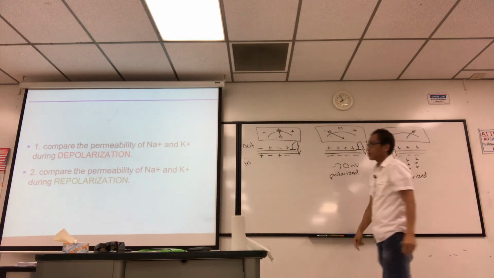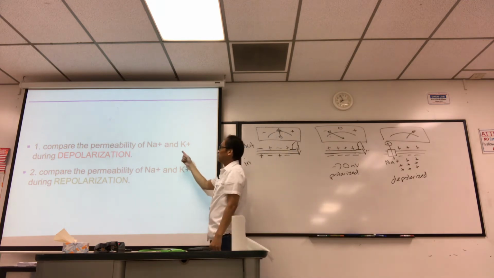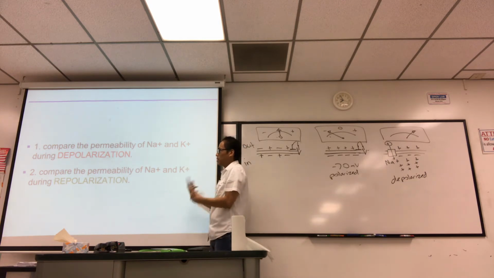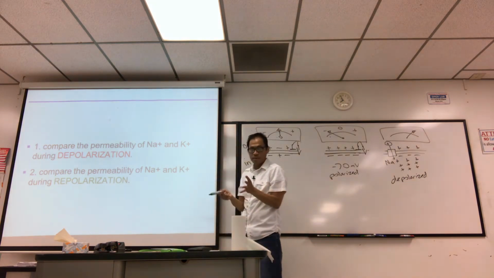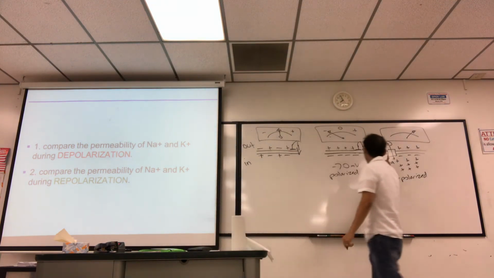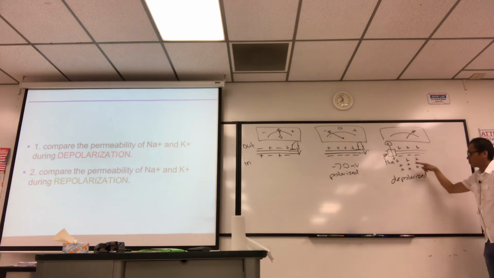So I ask a question here. Compare the permeability of sodium and potassium during a depolarization. Permeability means those channels are open. So let's pretend these are voltage-gated sodium channels, and you're letting all these positive charges in.